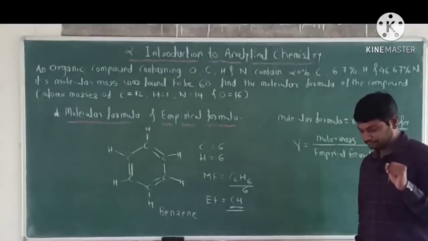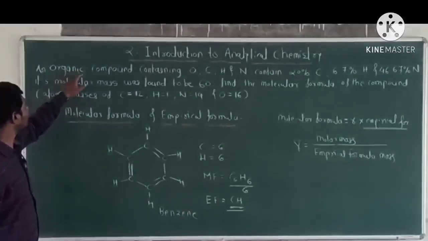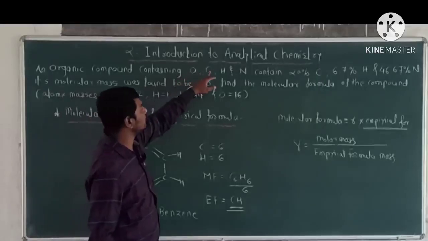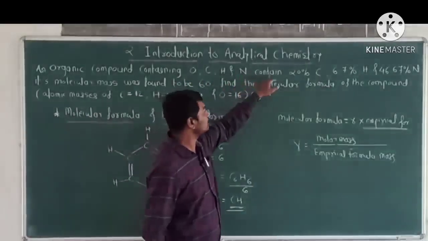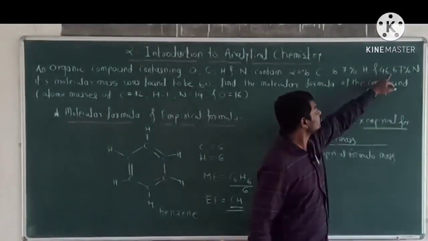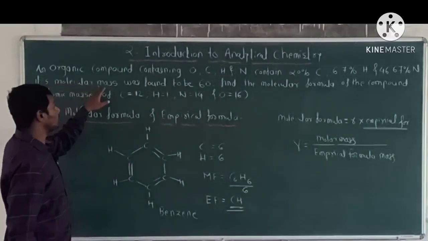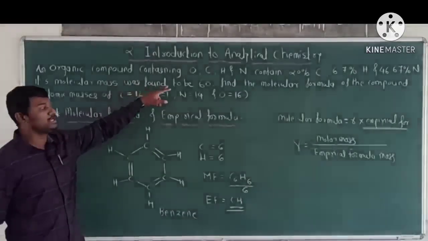For example, an organic compound containing carbon, hydrogen, nitrogen and possibly oxygen contains 20% carbon, 6.7% hydrogen and 46.67% nitrogen. Its molecular mass or molar mass was found to be 60.